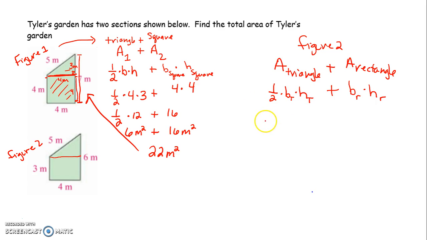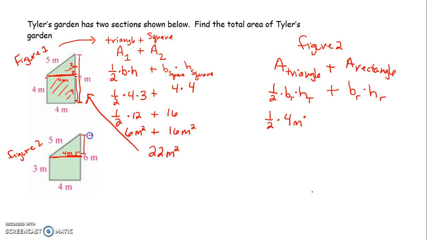So let's go ahead and look at our triangle first. 1/2 times the base of our triangle is 4 meters. If I slide that 4 up, 4 meters times the height of our triangle. I need to figure out the height of my triangle. This 5 is here just to see if it could throw you off, but the base and height of a triangle have to meet at a right angle.